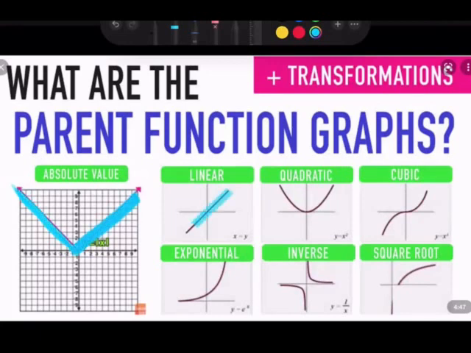Similar things will happen when we change something in y equals x, y equals x squared, y equals x cubed, y equals e to the x, y equals 1 over x, and y equals square root of x. So similar changes, horizontal or vertical transformation, stretch or reflection, they will behave the same as I showed you with the absolute value one.